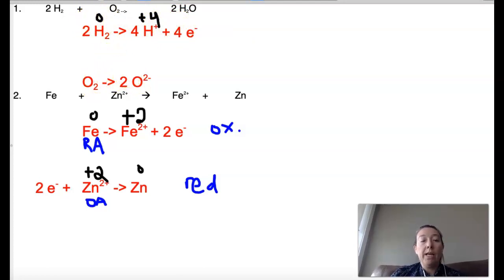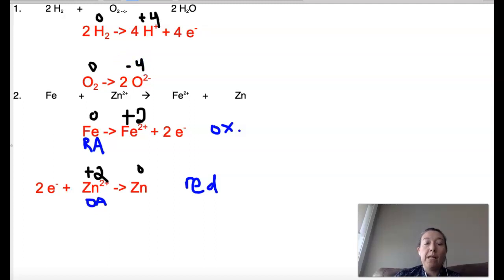When I look at this, I've got O2, there's no charge written, so that has a 0 charge. Then for this oxide ion, I have 2 at -2. So 2 times -2 is -4.